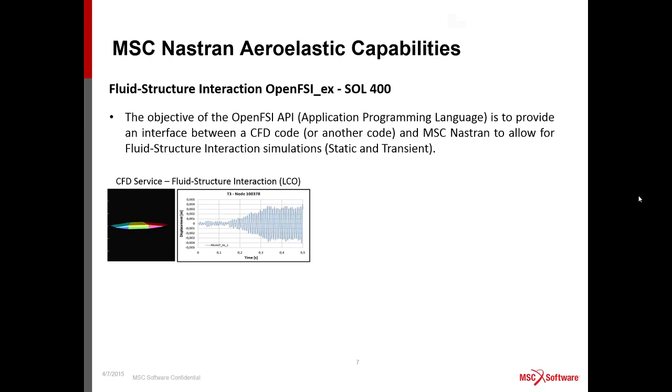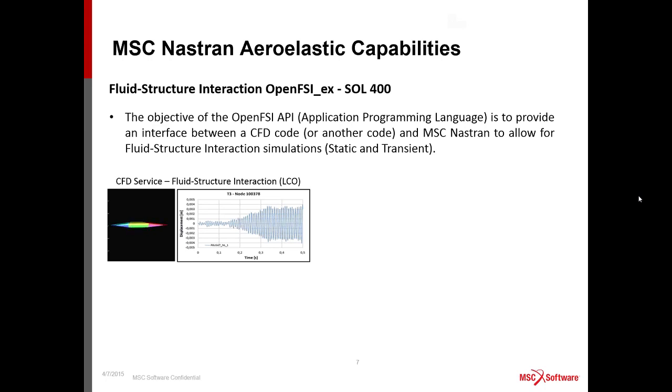On the left side, this is very interesting because you can use this simulation and benefit from all the features that we have available in Solution 400, for example geometric and material nonlinearities, contact, and all the libraries that we have implemented in Nastran by using the Marc library, okay, right?